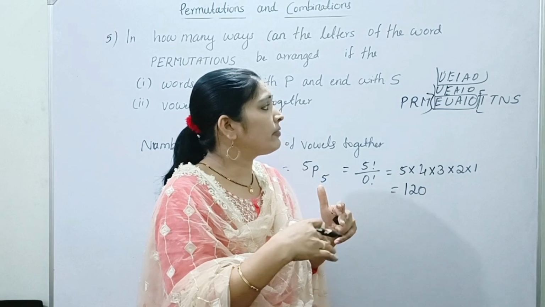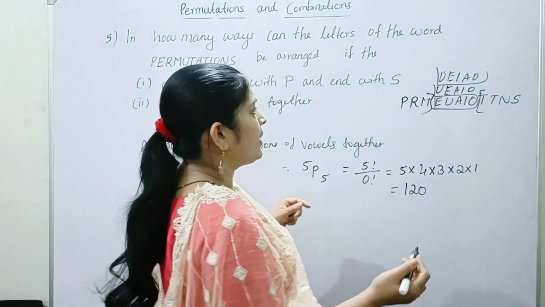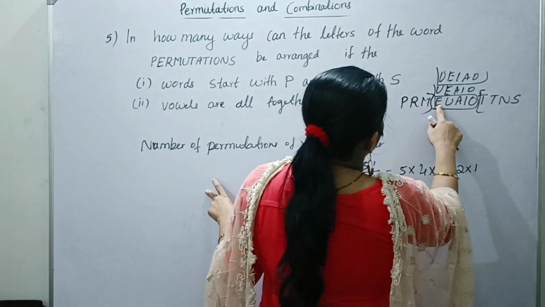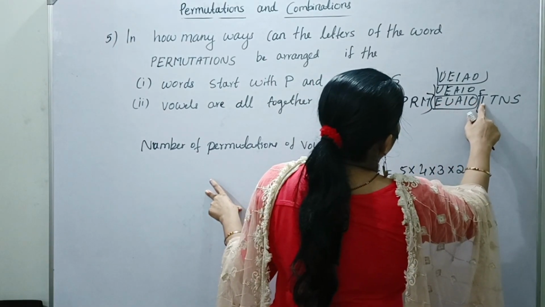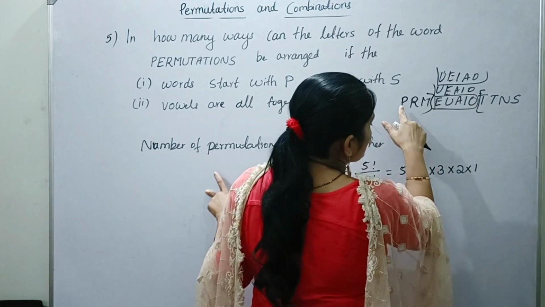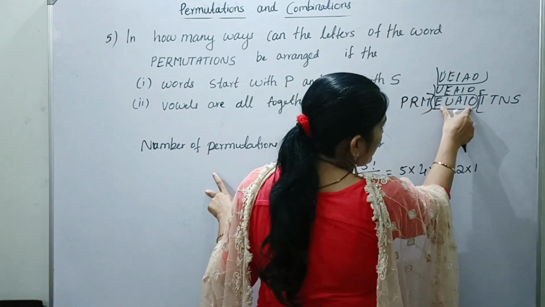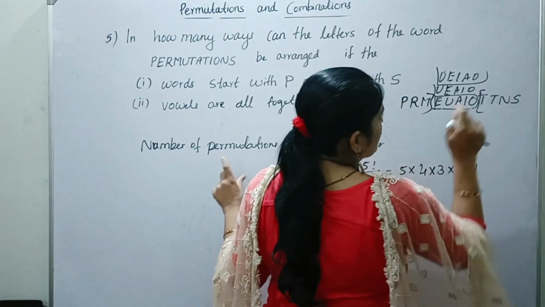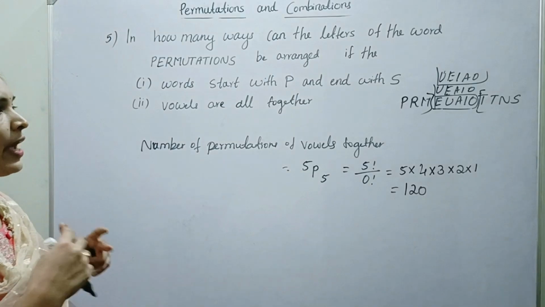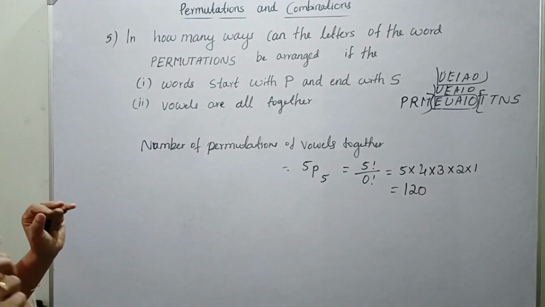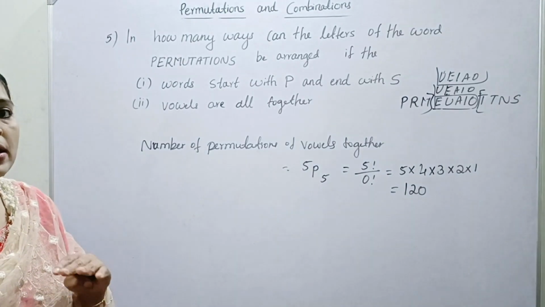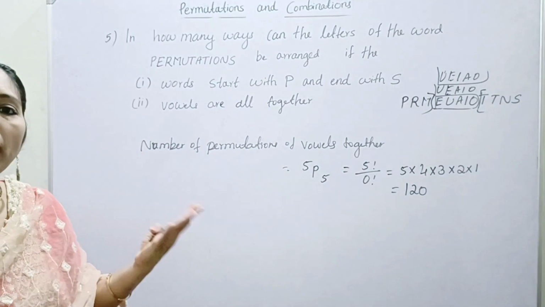Then what is the number of letters? See here, 3, 4, 5, 6, 7, 8, 9, 10, 11, 12. Take this as 1. So 1, 2, 3, 4, 5, 6, 7, 8. So we have to write the words from 8 letters, taken all at a time.